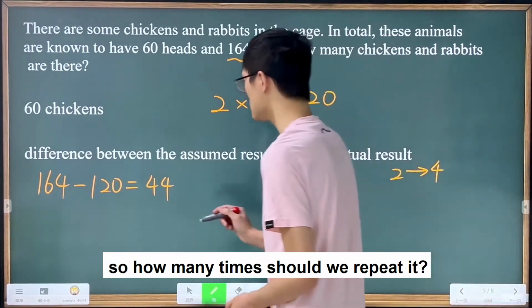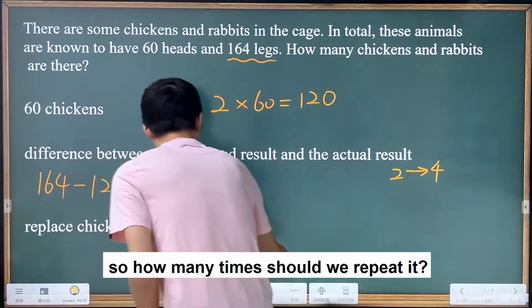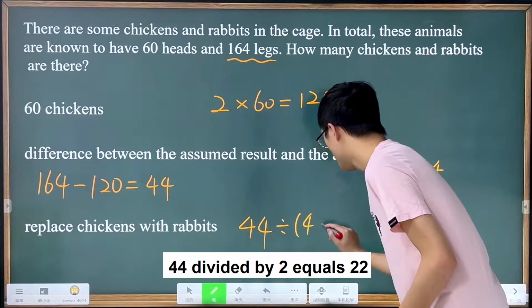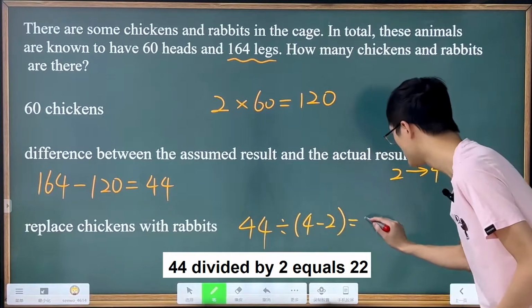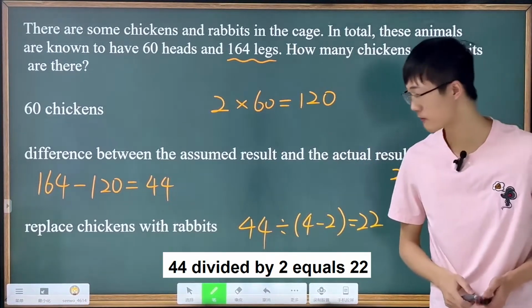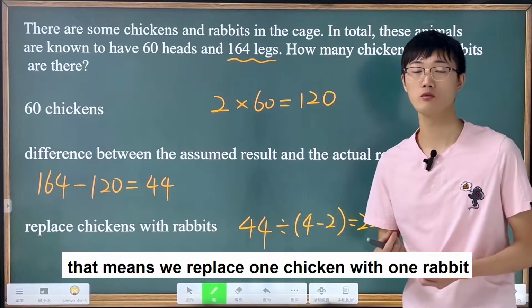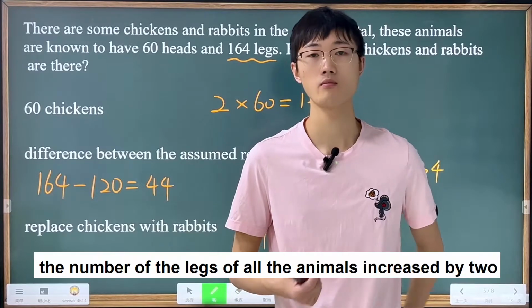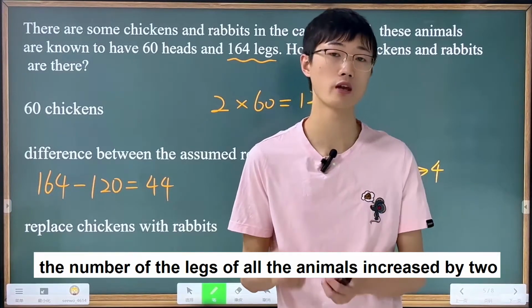Yes. 44 divided by 2 equals 22. That means we replace 1 chicken with 1 rabbit, and the number of legs of all the animals increases by 2.